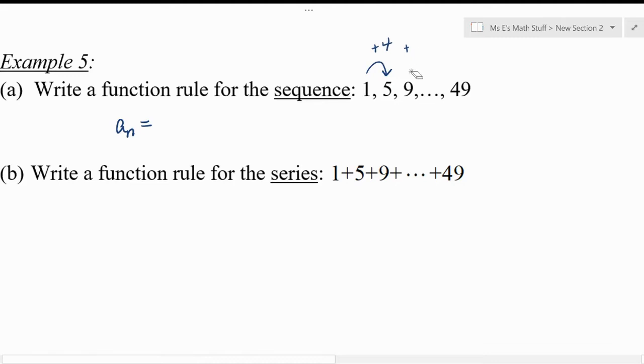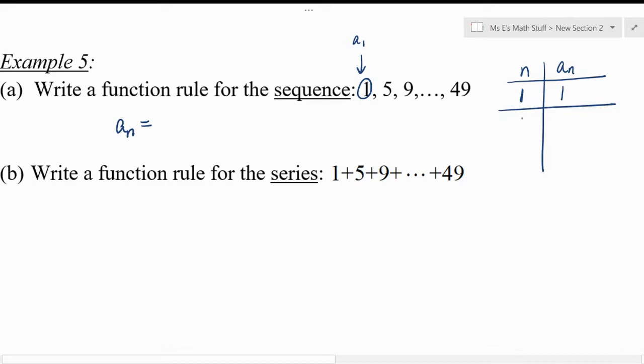There are different ways to go about this one, and we'll talk about it a lot in the next section. One way would be to start with the initial value, so a sub 1 being 1. Here, let me make a table. I saw another teacher make tables for these, and it actually made a lot of sense that way. So when n is 1, your first term is 1.